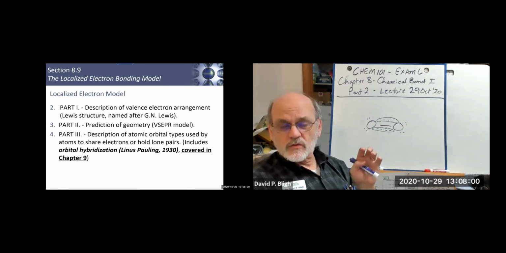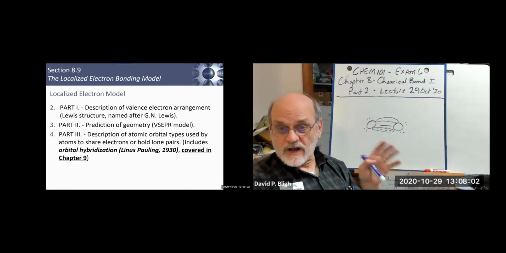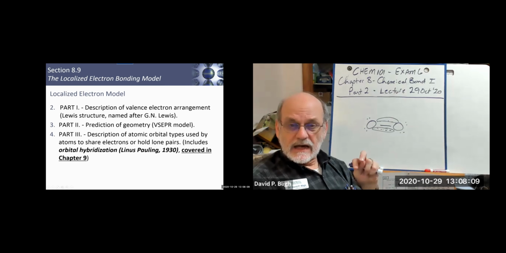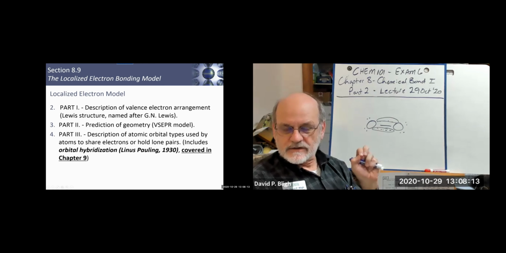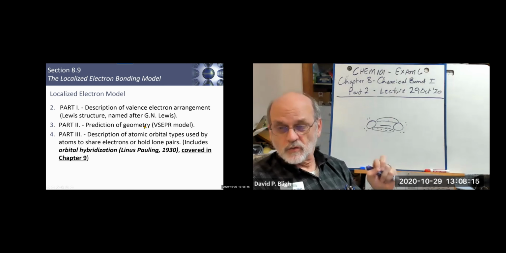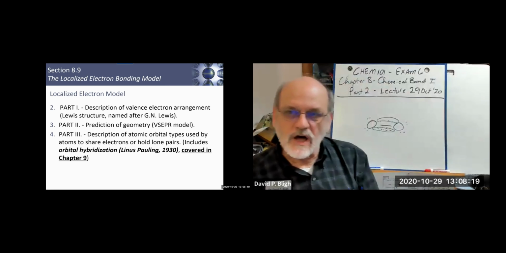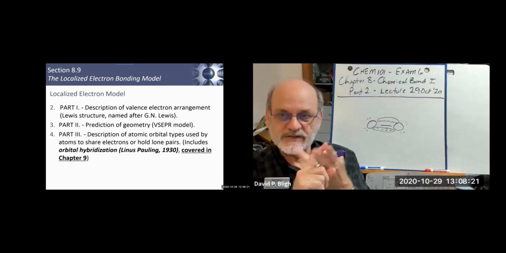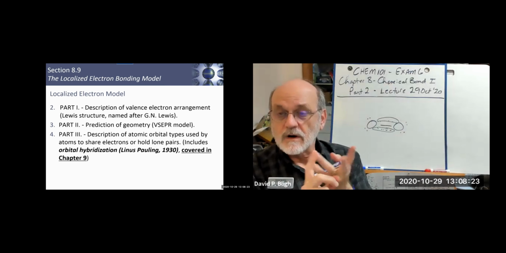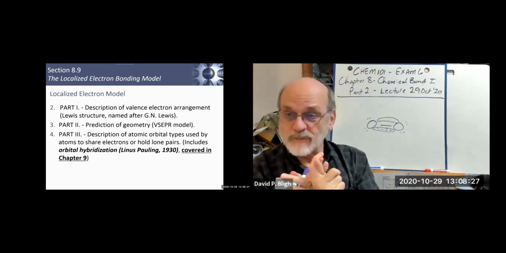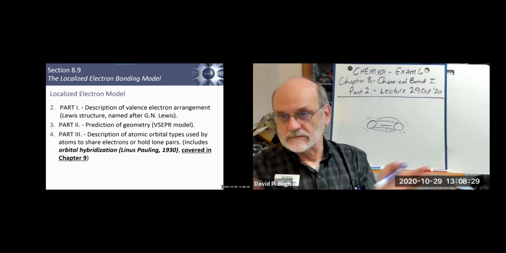Okay, so we're going to describe the valence electron arrangement using Lewis dot structures. Right, that'll come in just a minute. And then we're going to take that information and predict the geometry of the molecule. Remember I said, if you want to know if a molecule is polar or nonpolar, you need 2 pieces of information. Are the bonds polar? If the bonds are not polar, then you can stop there.